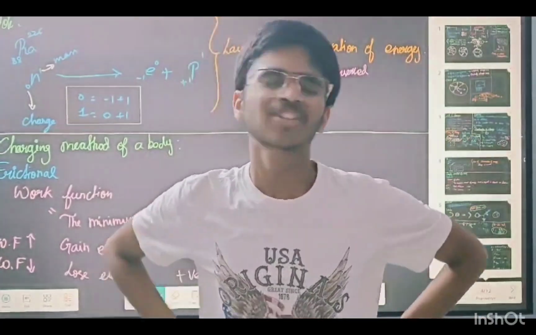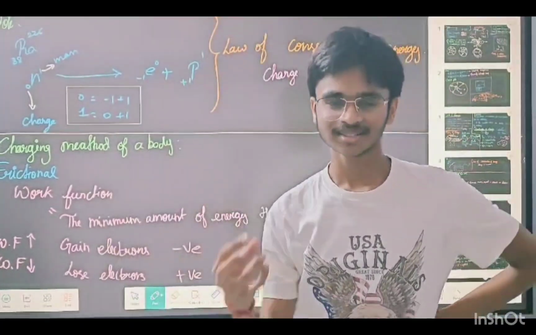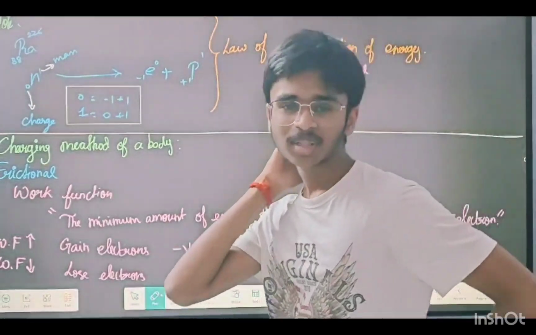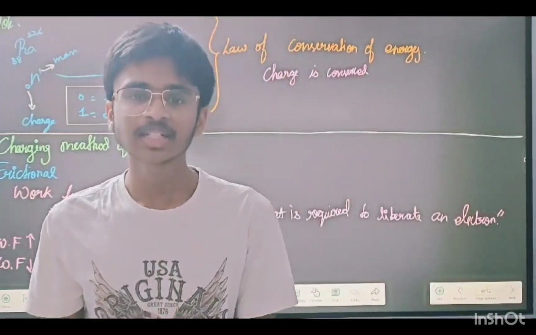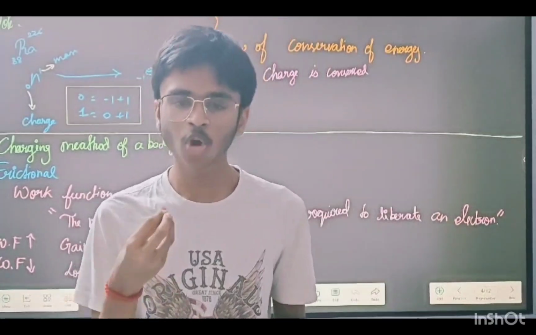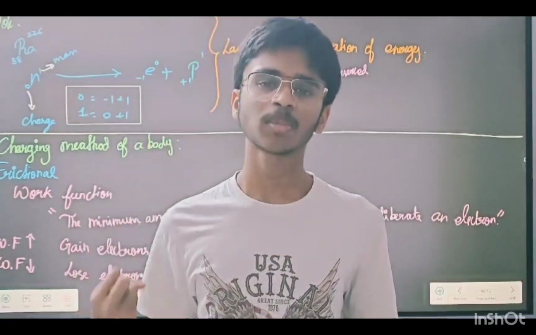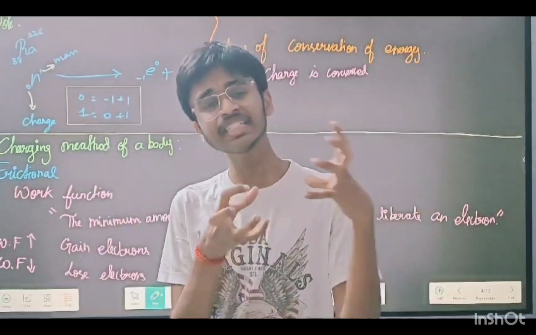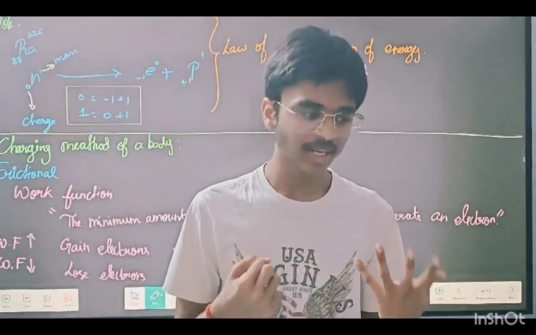Actually, it doesn't mean that, I'm just giving you a life example. Actually, what it means is the amount of energy that needs to be supplied should be less. That means in order to get one electron from a body, I have to give less energy itself. That means that body very easily liberates electrons.